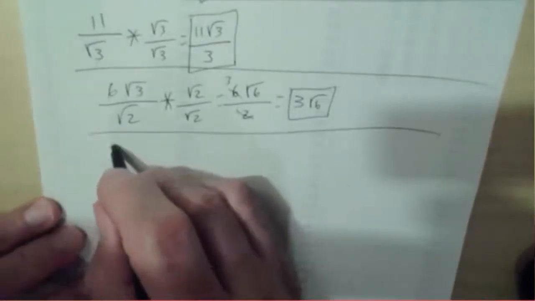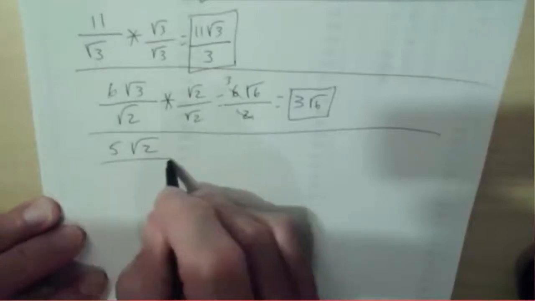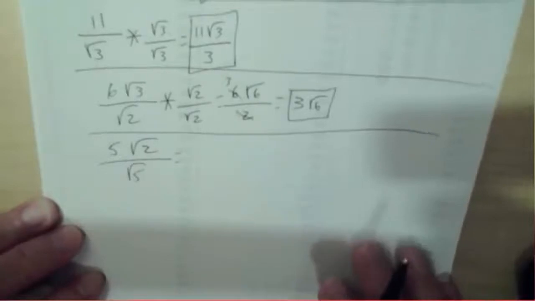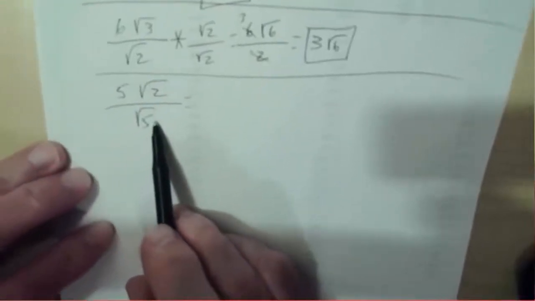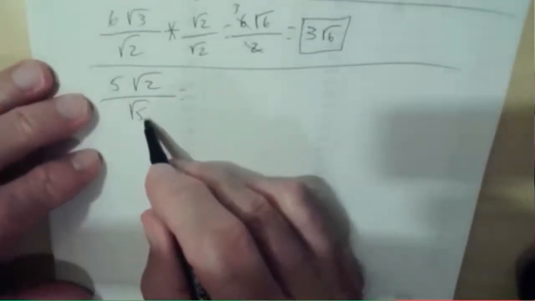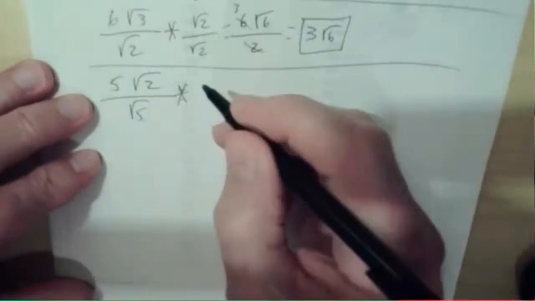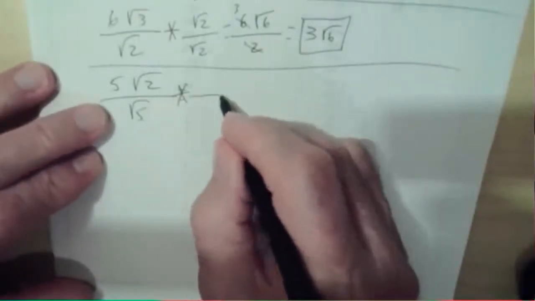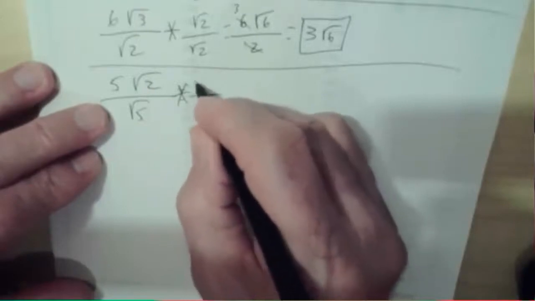Okay. 5 square root 2 over square root of 5. Again, we have an irrational number in the denominator. I'm telling you, that sounds like a disease to me. So we're going to rationalize the denominator by multiplying square root 5 over the square root of 5.